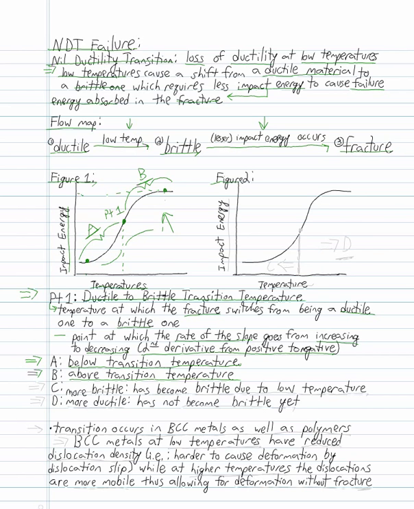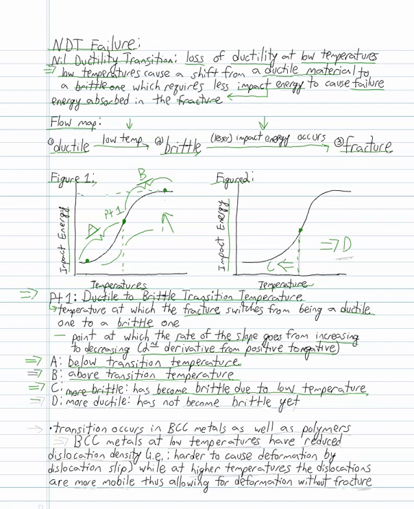Looking at figure 2, we have the same impact energy versus temperature curve, and we'll go ahead and label once again our transition temperature, and we'll have an arrow right over here, let's call that C, and another one over here, we'll call that D. C then is going to be more brittle, and that's because the material has become brittle due to low temperatures.